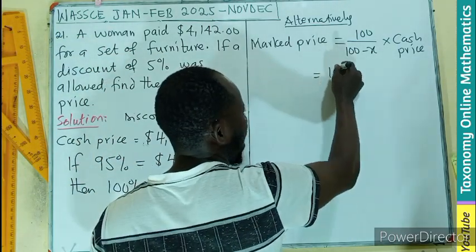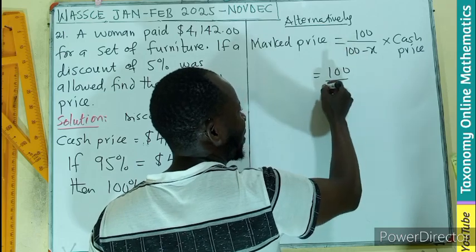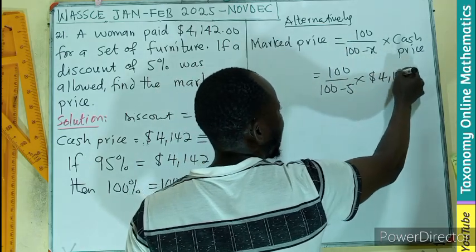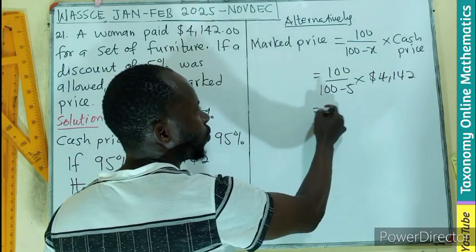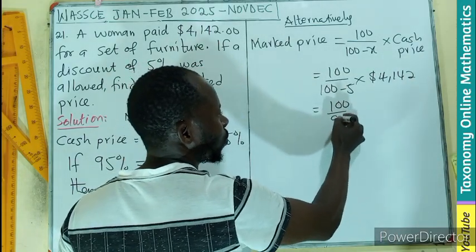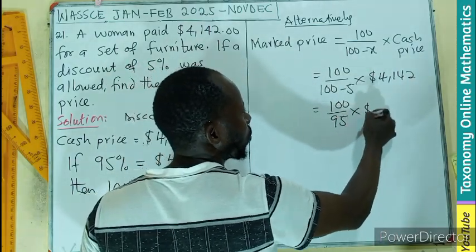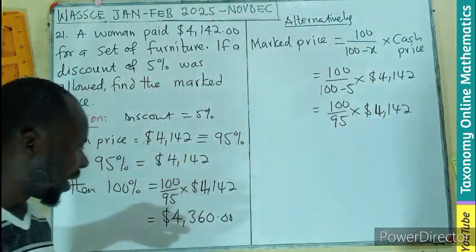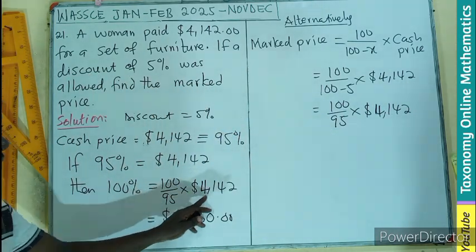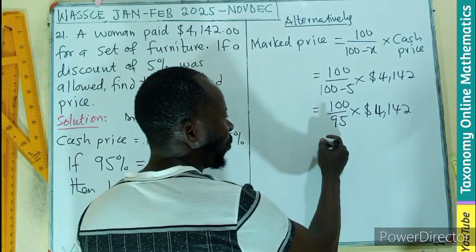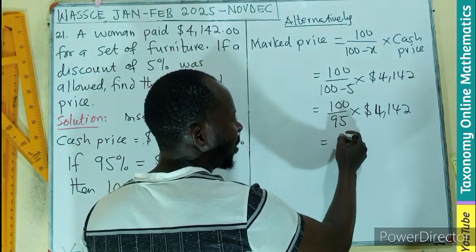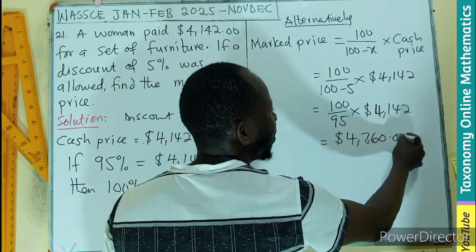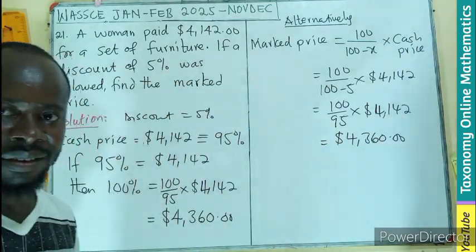And that will give you 100 over, this is 100 minus 5, times 4,142. You can see it here, 100 over 95 times that. So we are just going to have our 4,360. That is it, right?